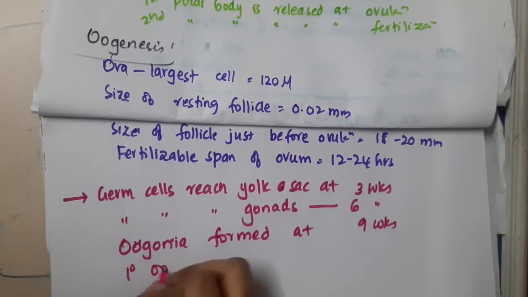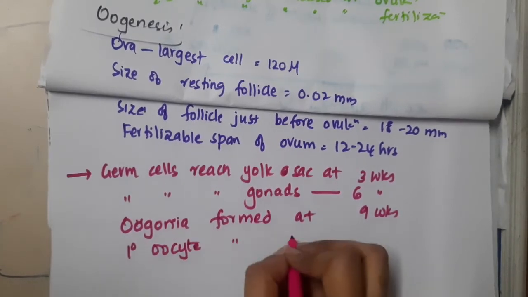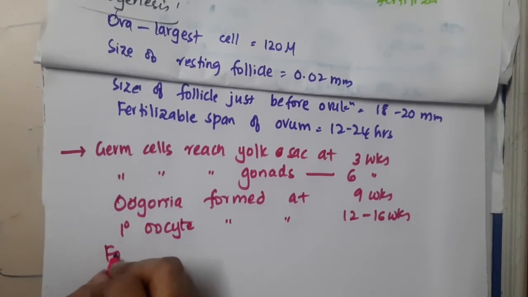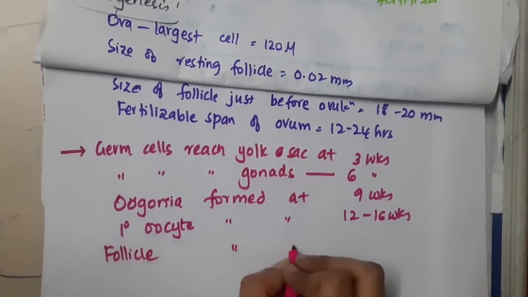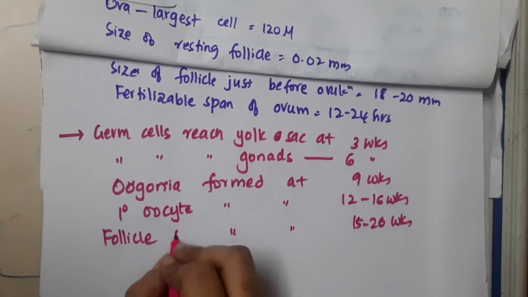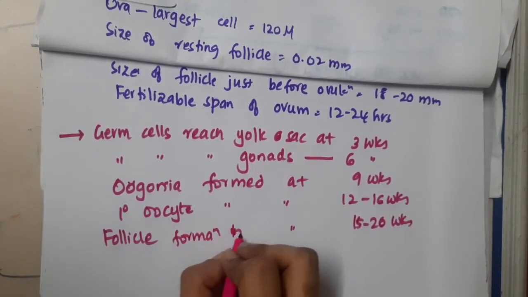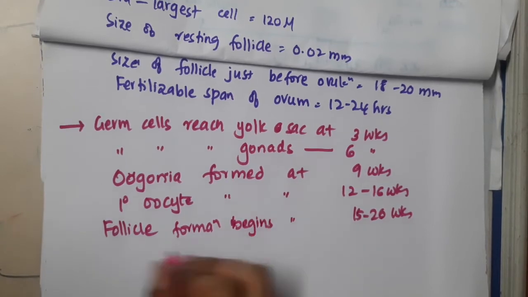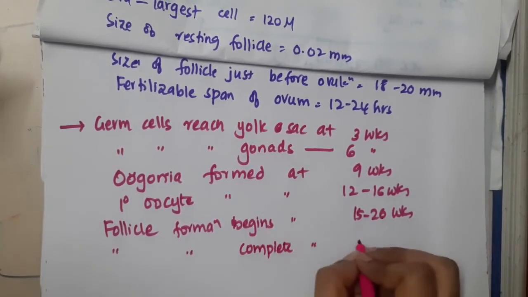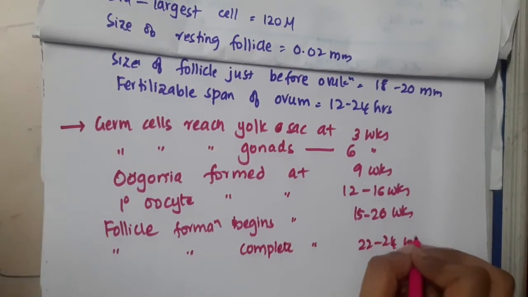Then primary oocyte is formed at 12 to 16 weeks. Follicle formation begins at 15 to 20 weeks and follicle formation is complete by 22 to 24 weeks.